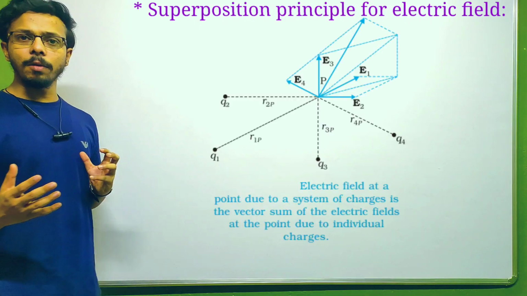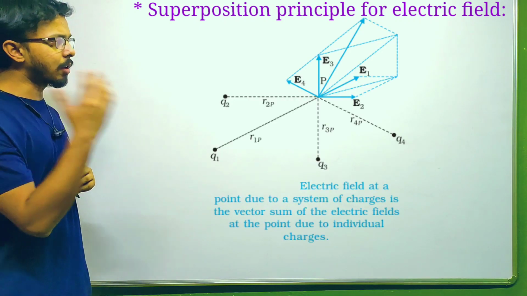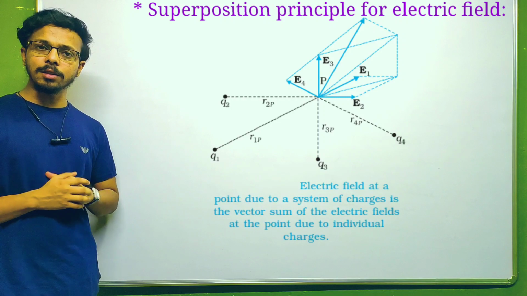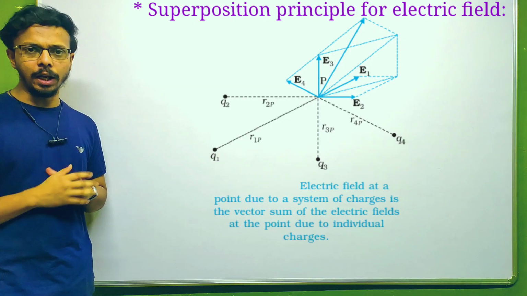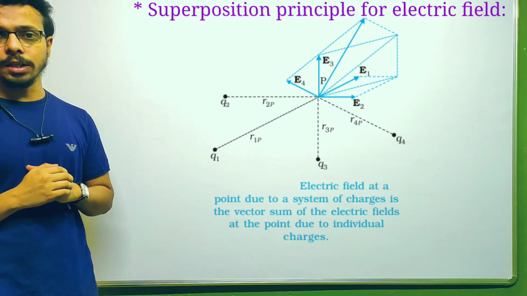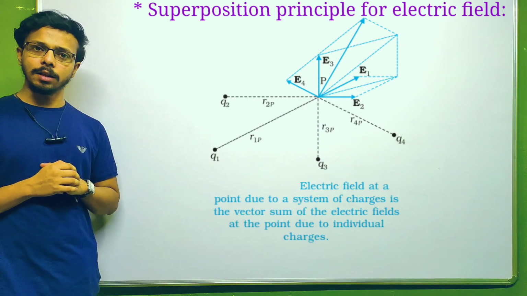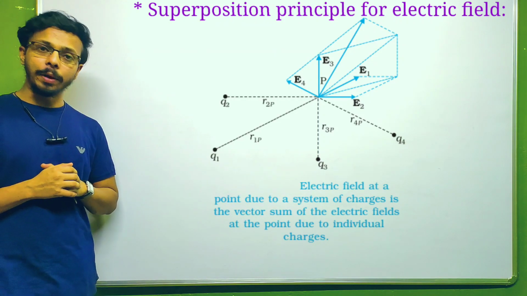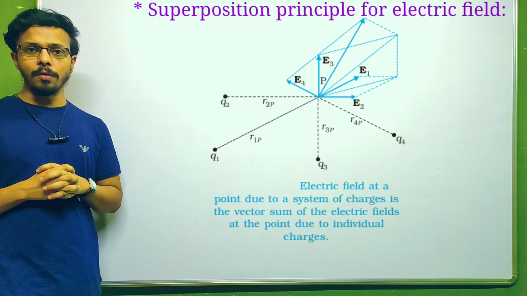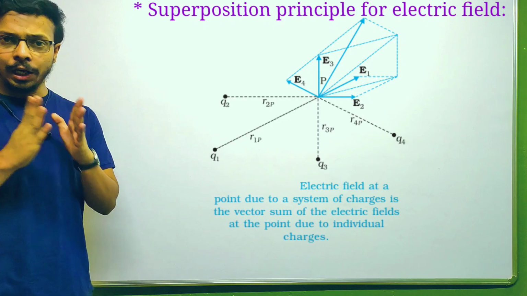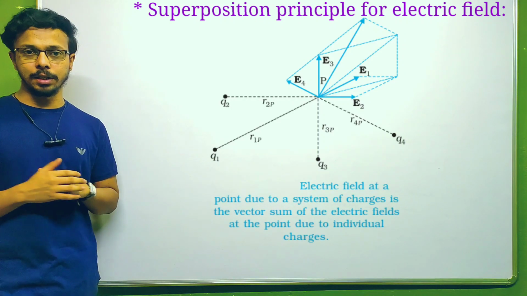So consider a system of n number of charges and any point P inside that system. The resultant electric field at point P due to n charges is again the vector sum of the electric fields at point P due to the individual charges.